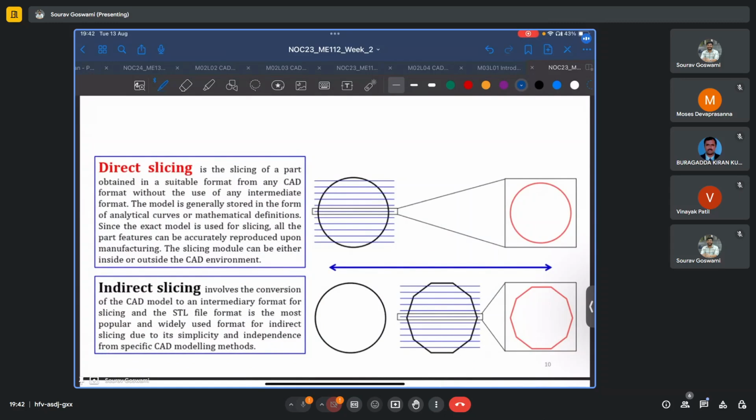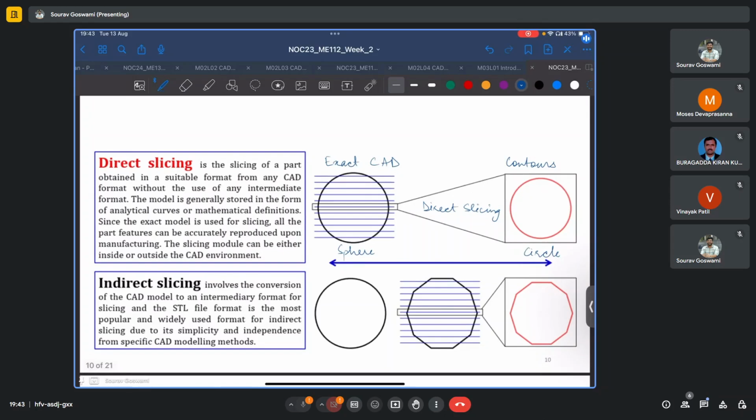Direct slicing is where you start with the exact CAD model and you slice the exact CAD model itself and obtain these contours, which in this case are the exterior contours. And for this given example, where we have the exact CAD model of a sphere and we slice it via the direct route, we end up with a contour which is a circle.